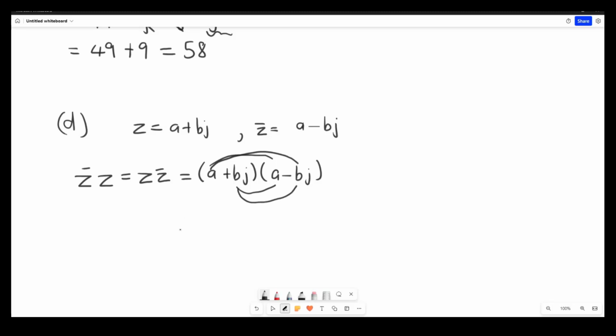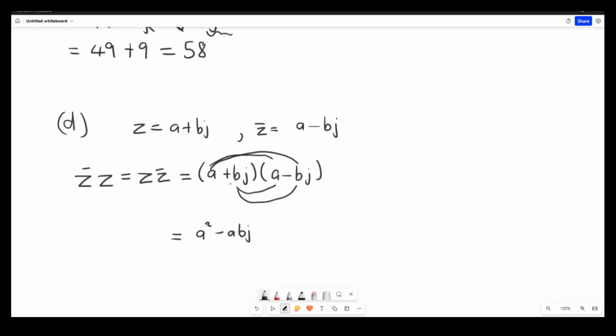A times a is a squared, right? And then a times negative bj, the second term of the second bracket, is minus abj. So we're done with the a in the first bracket, having used all the terms in the second bracket. Now I use bj in the first bracket and multiply it with the two terms in the second bracket.